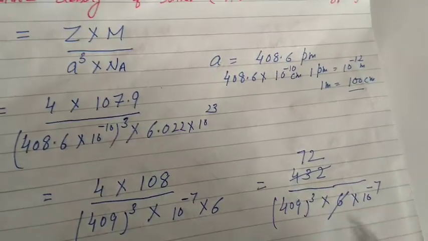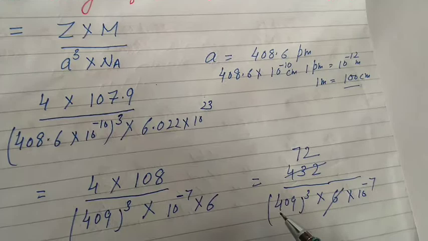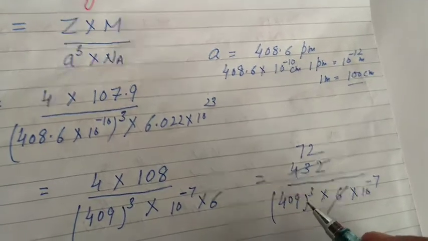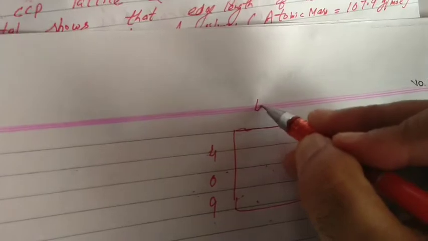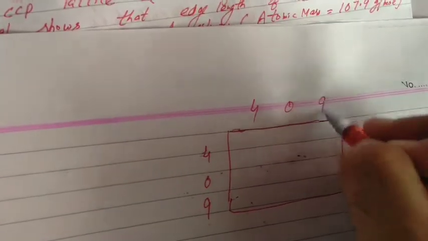Now students, we have to mention the value of the cube of 409, and it's very simple, students, how to find cube of 409. Please draw the box like this. We have to find the cube of 409. 409. 409.